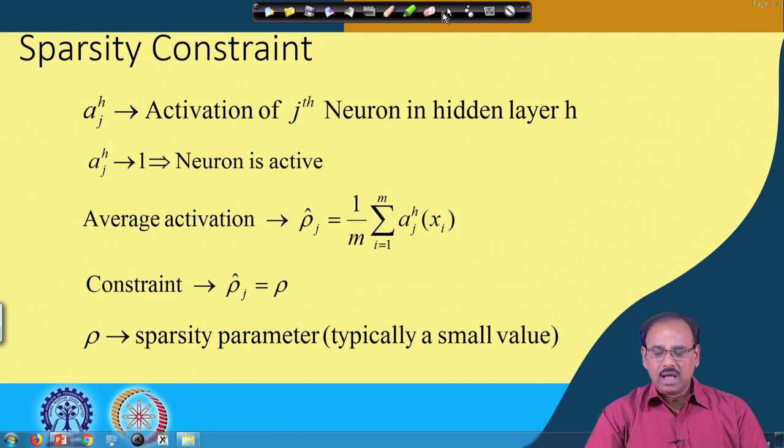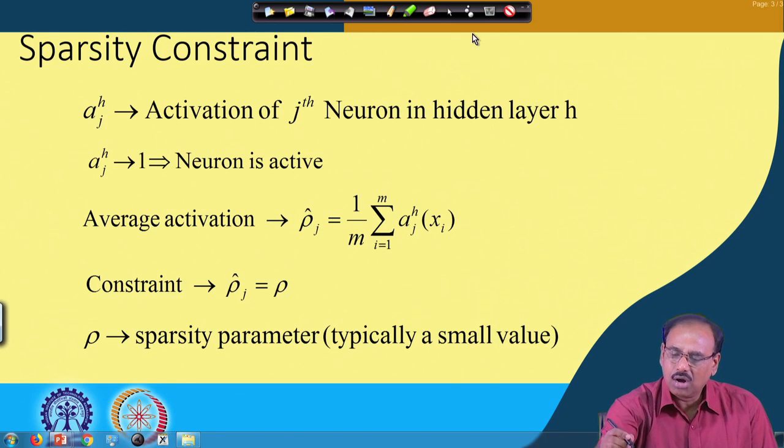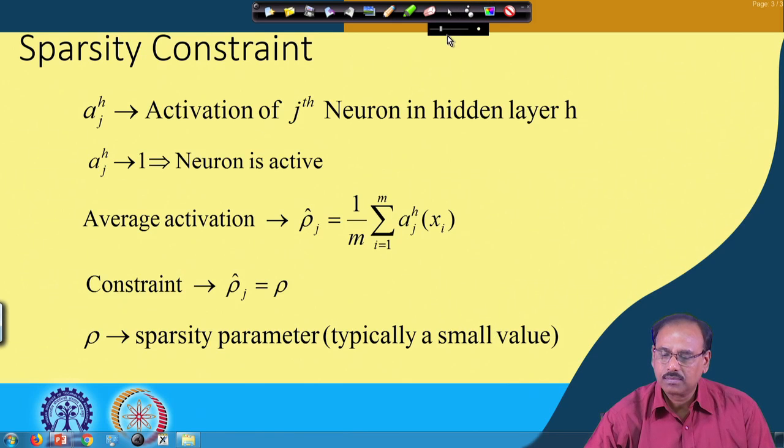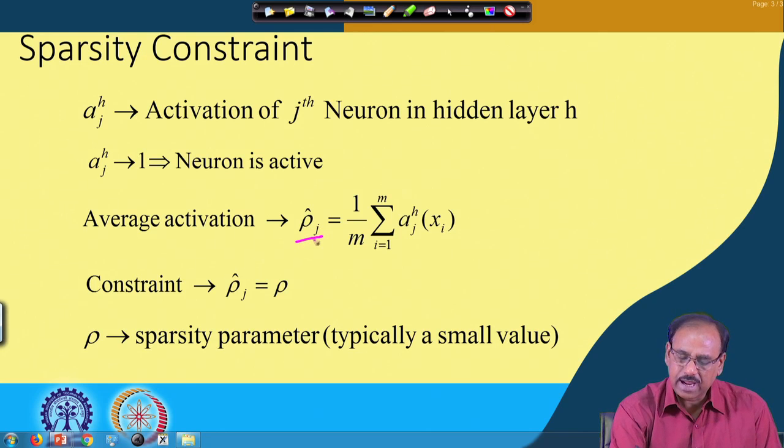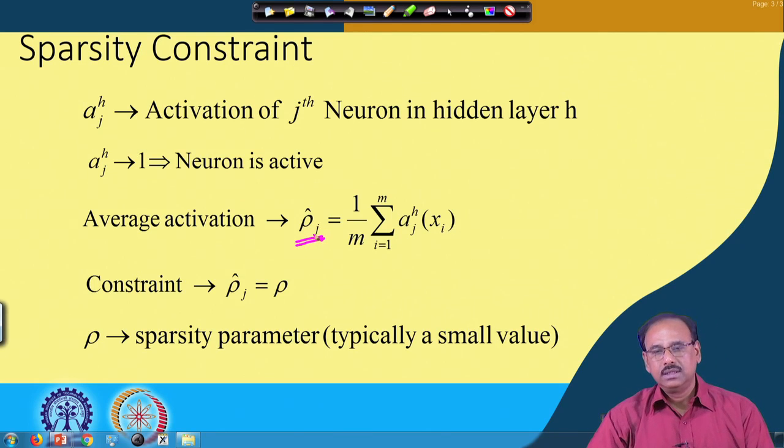And given this, I can compute the average activation of the jth node. Let me put this average activation of the jth node as rho j hat. So, the average activation of the jth neuron in the hidden layer is rho j hat. Here x_i is the ith input vector.